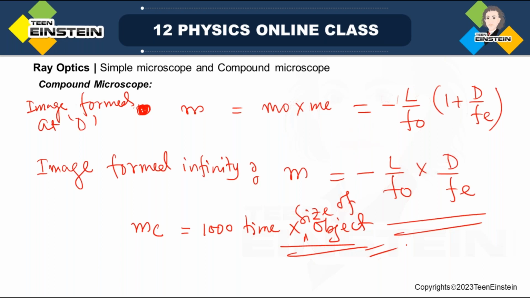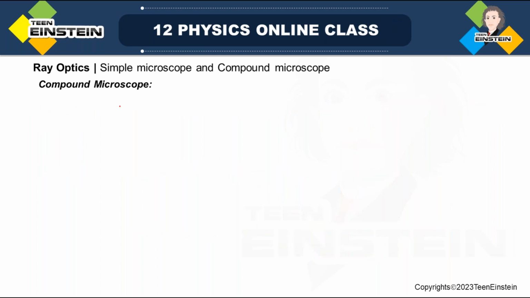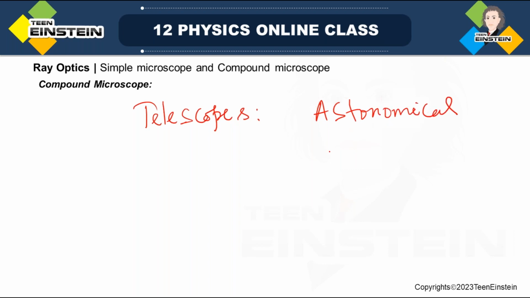Okay, so we'll stop it here for today. Next day we'll learn about telescopes. In the telescope there are two types. One is astronomical, and another one is terrestrial.